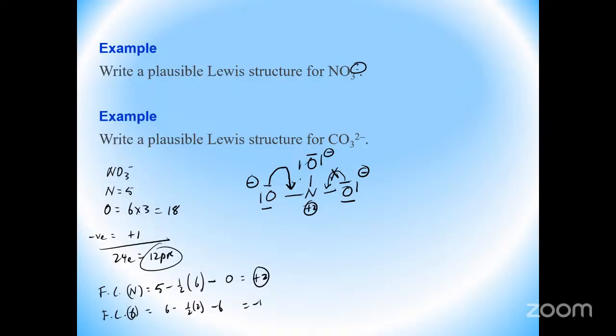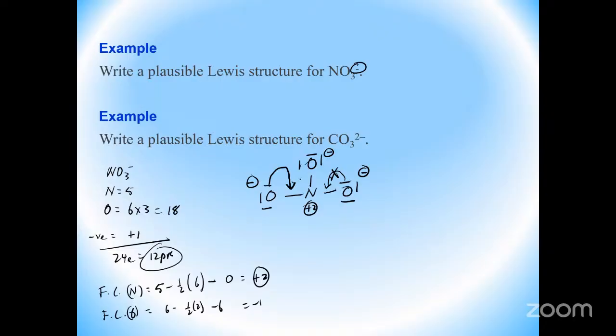Elements like nitrogen, oxygen, carbon cannot have more than 8 electrons on their outer shell. But elements below, like phosphorus, sulfur, arsenic, iodine, bromine, etc., can have more than 8 electrons on their outer shell.